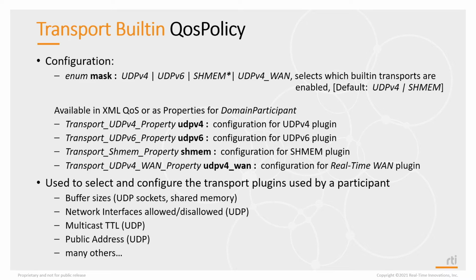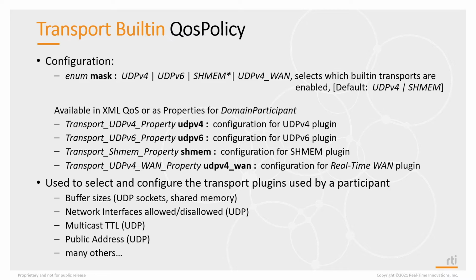You may want to set the TTL for multicast traffic. So if you're using multicast and you're sending multicast, you may want to modify the time to live for the multicast so that the packet can exist and be routed beyond the local subnet, which is the default.